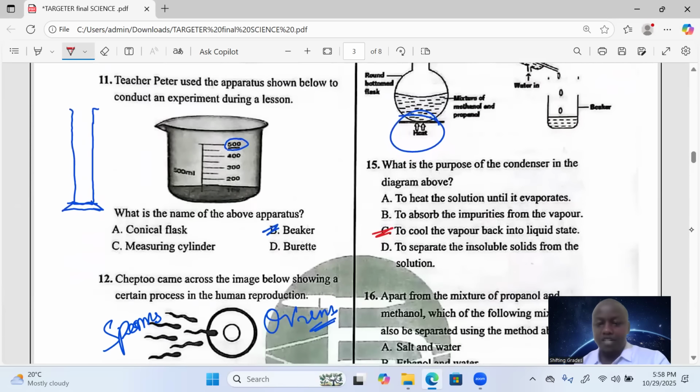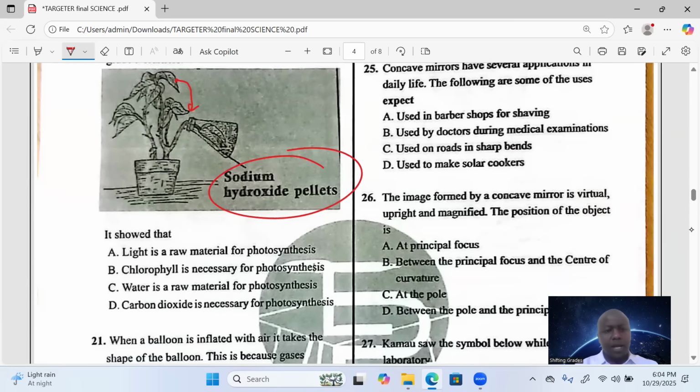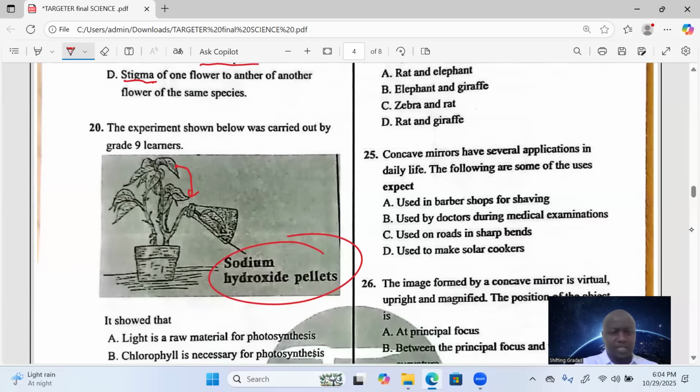So look at that. This is sodium hydroxide pellets. Now, this experiment showed that light is a raw material for photosynthesis, chlorophyll is necessary for photosynthesis, water is a raw material for photosynthesis, carbon dioxide is a raw material for photosynthesis.